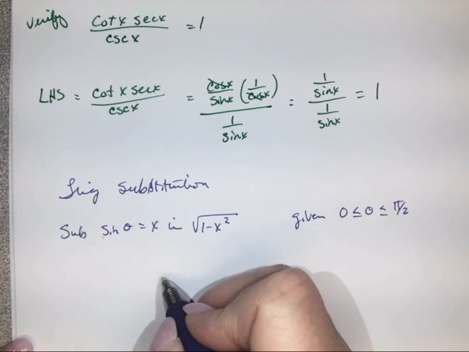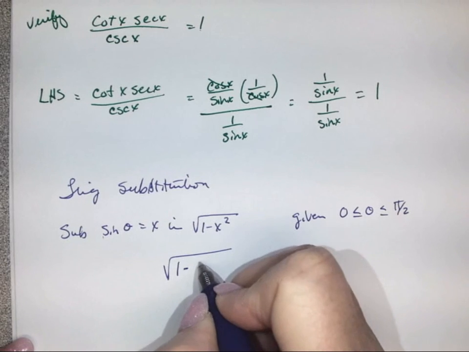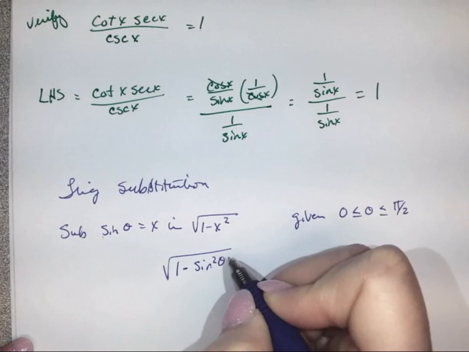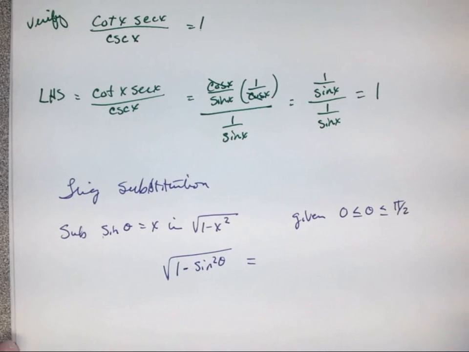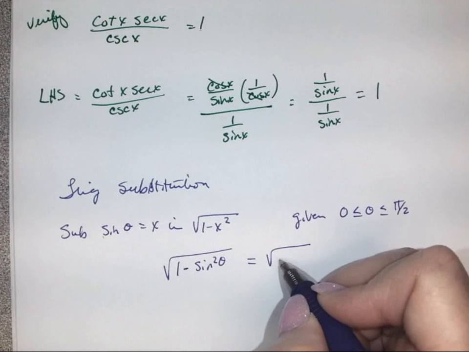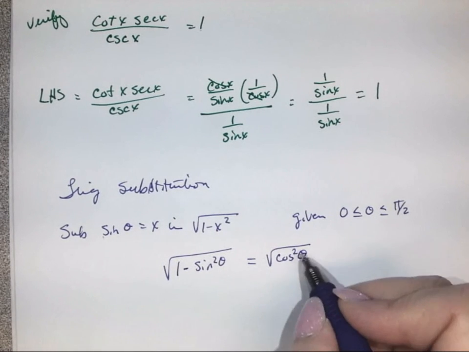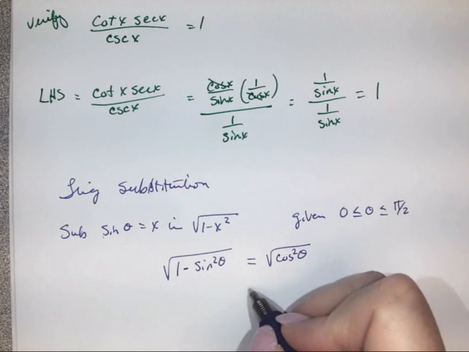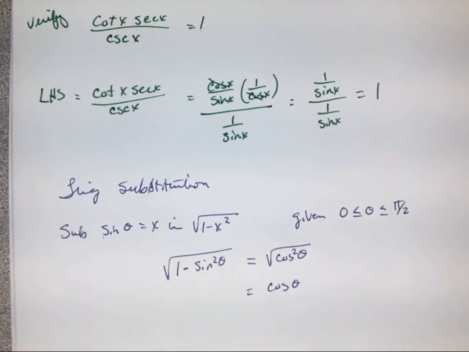So that means we're going to have the square root of 1 minus sine squared theta. Well, 1 minus sine squared theta is equal to the square root of cosine squared theta. And the square root of cosine squared is going to be equal to cosine theta.